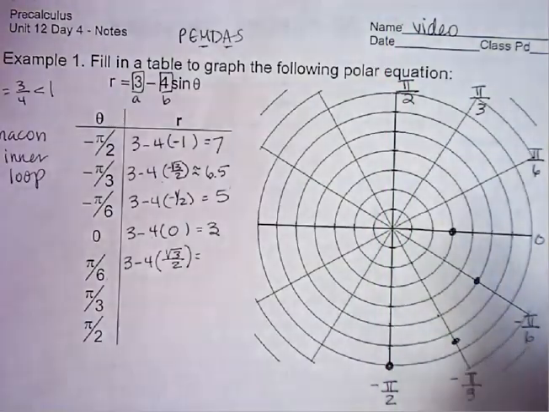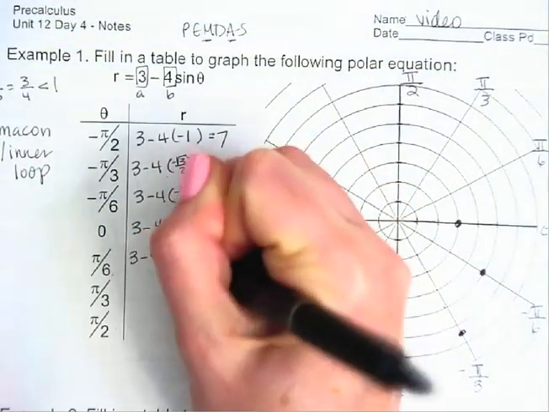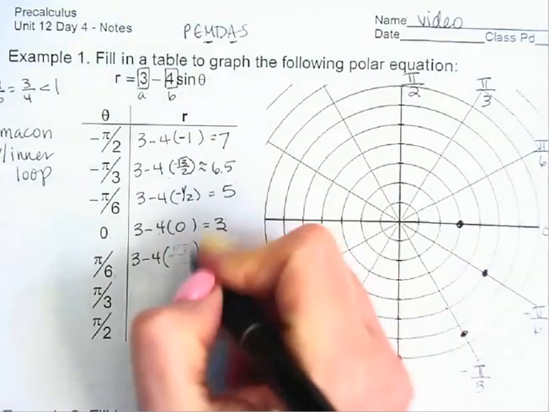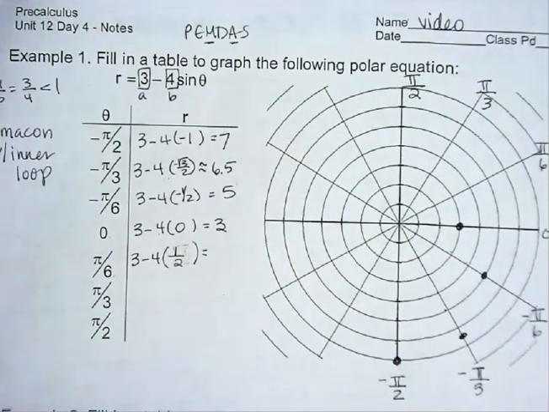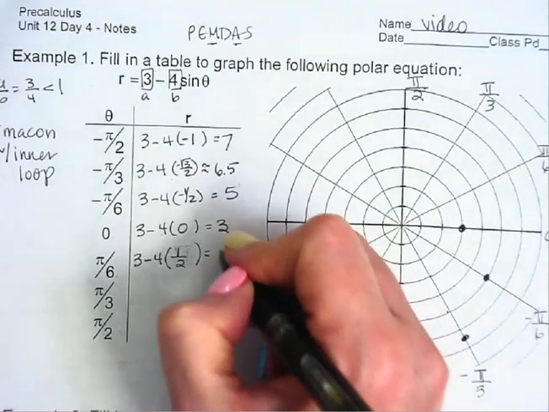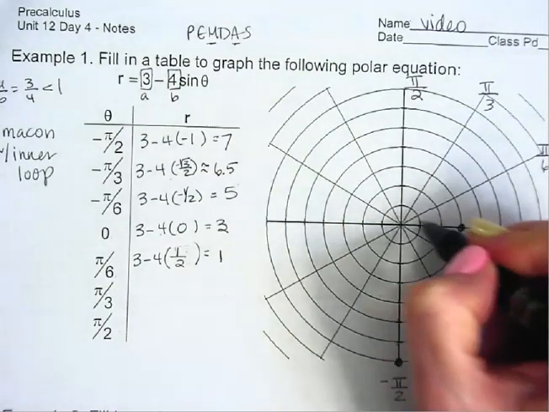Oh wait, what did I do wrong? Oh, I read the wrong thing. Sorry, my bad. It'll be +1/2. So half of -4 is -2, plus 3 is 1. So at π/6, I'm going to count 1 circle.